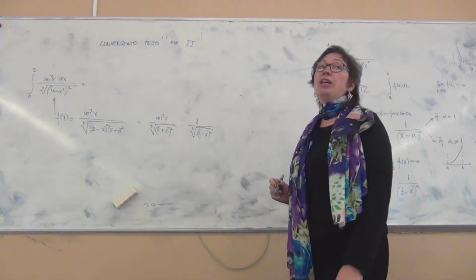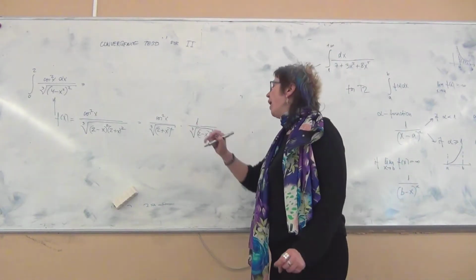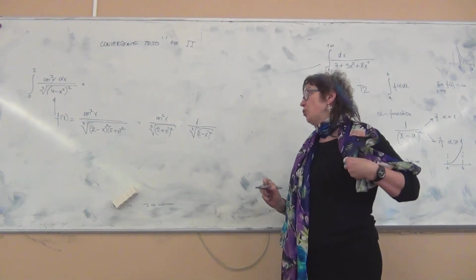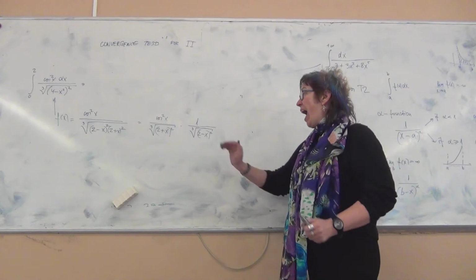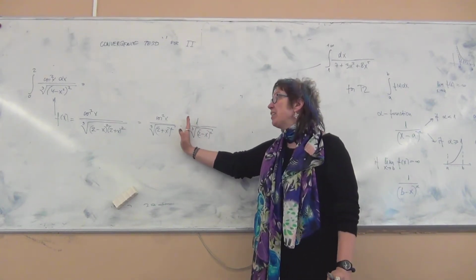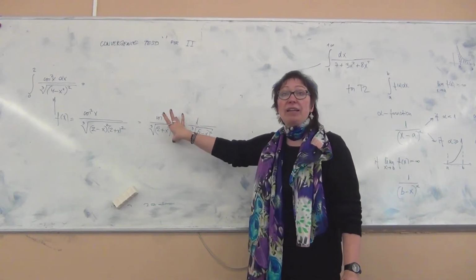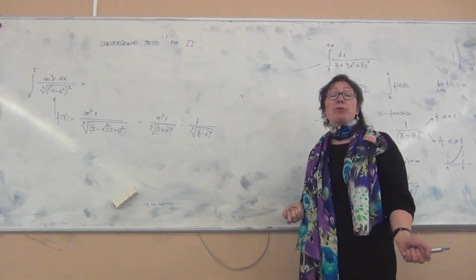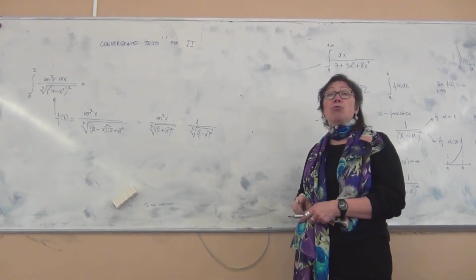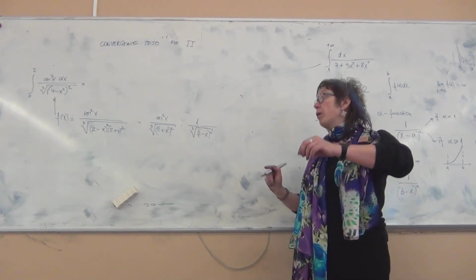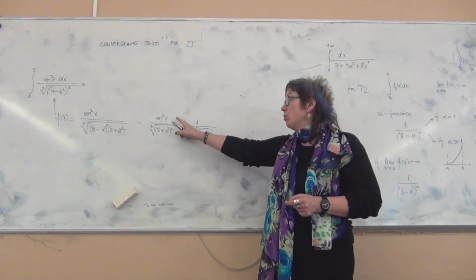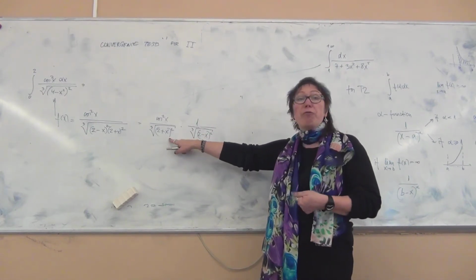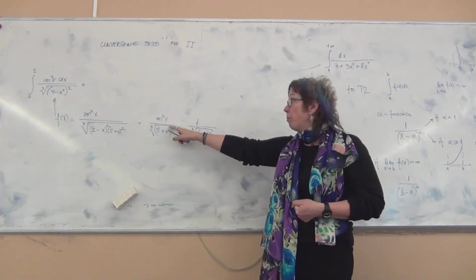Why did I choose this? Because I separated the thing that is not dangerous. Perhaps we might not be able to integrate it right away analytically on paper, but this does not give us any dangerous moments, because this will always be a finite number.